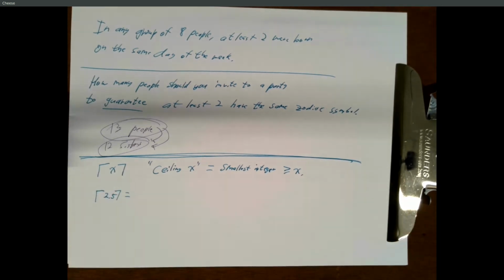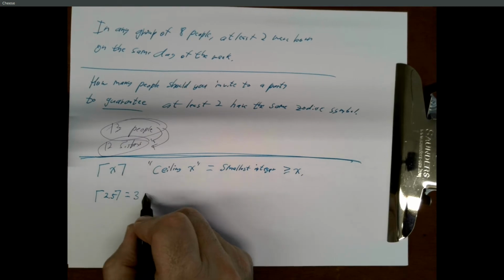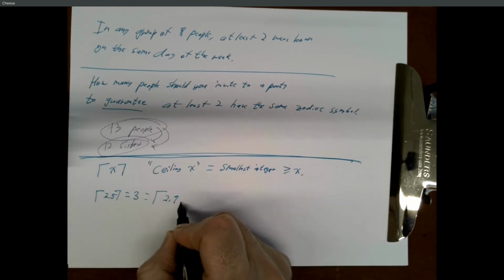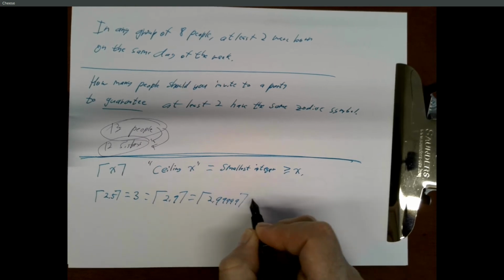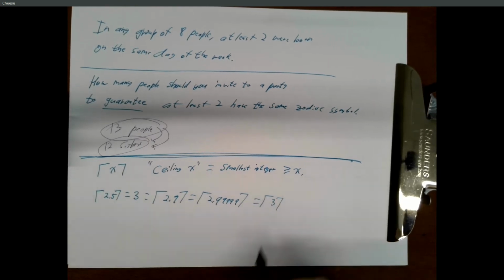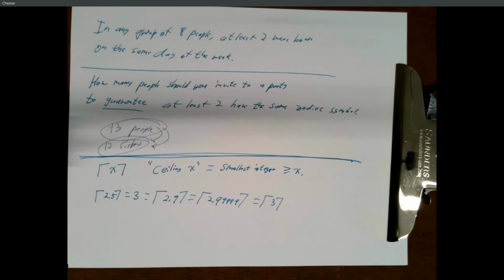So the ceiling of 2.5, what's the smallest integer bigger than or equal to 2.5? That's 3. That's also ceiling 2.9. That's also ceiling 2.99999. And it's also ceiling 3, because the smallest integer bigger than or equal to 3 is 3.